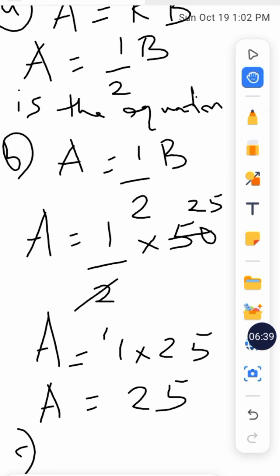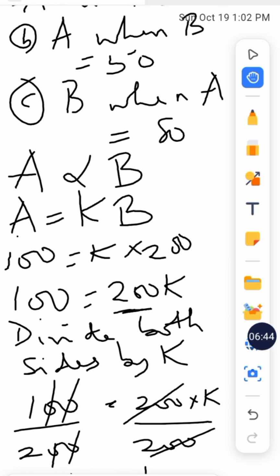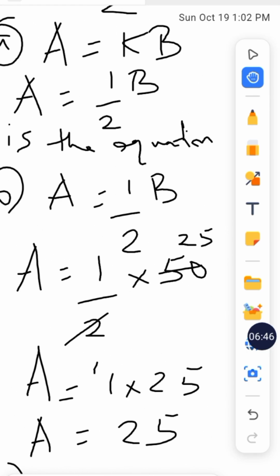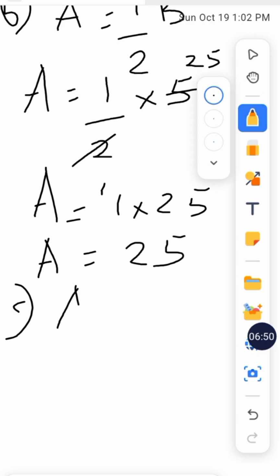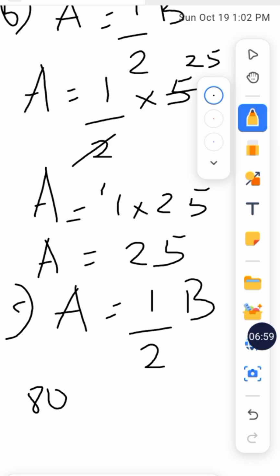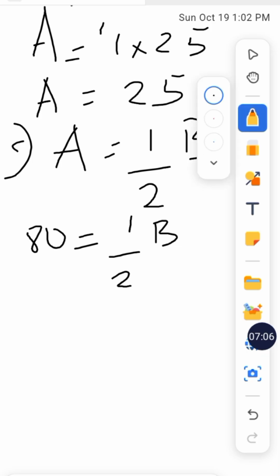Okay, let's go to question C. What does question C require of us? The question C says, find B when A is 80. You go back to the relationship. A equals half B. You cannot do anything without this relationship. So when I have A, I put 80 equals half times B. So I have 80 equals 1 times B is B over 2.